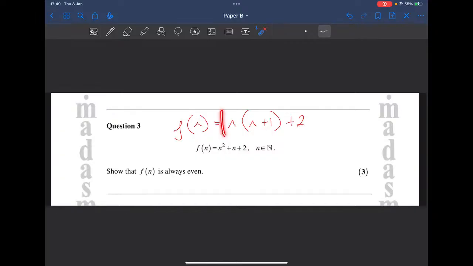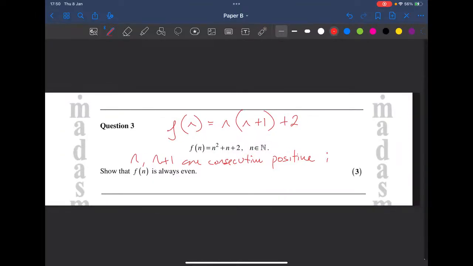So we've got one number and the number next to it. One of these is even, without a doubt. 2 is also even. When we add 2 even things together, we end up with an even number. So I think I'd just write that down. I'd say that n and n plus 1 are consecutive positive integers. We know that because n is a natural number.